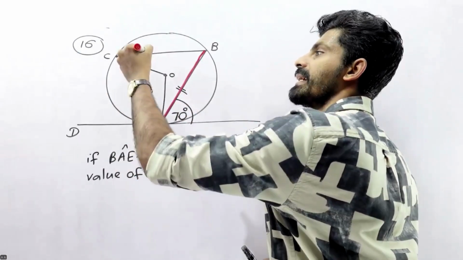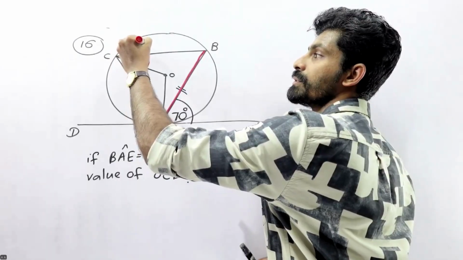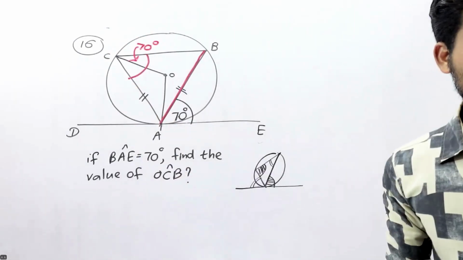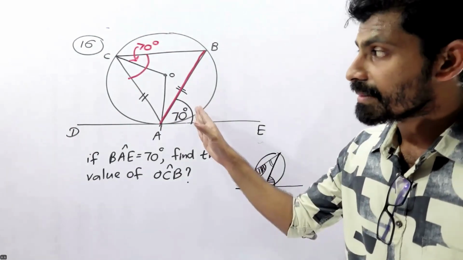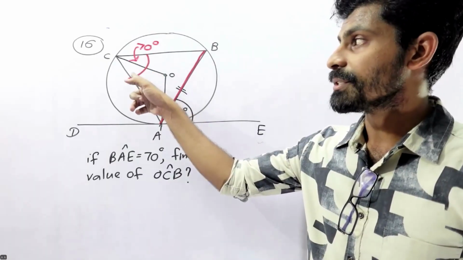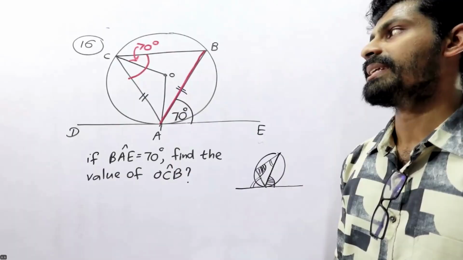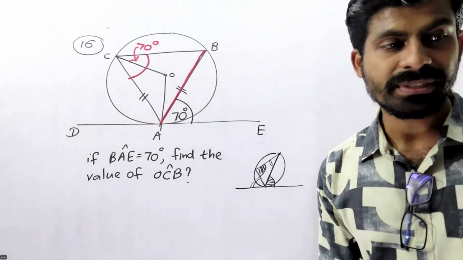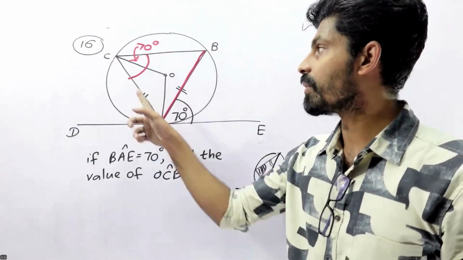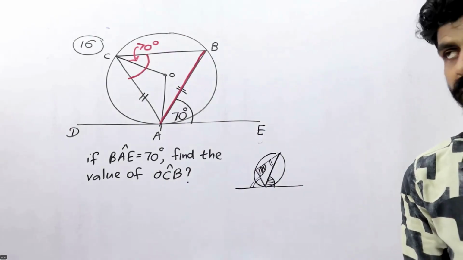This one should also equal 70 degrees. Not only this one, the addition of these two angles should equal 70. Then you need to find the value of OCB.